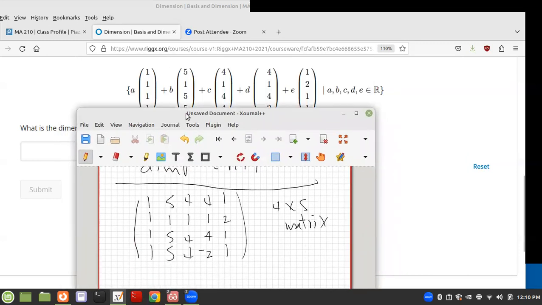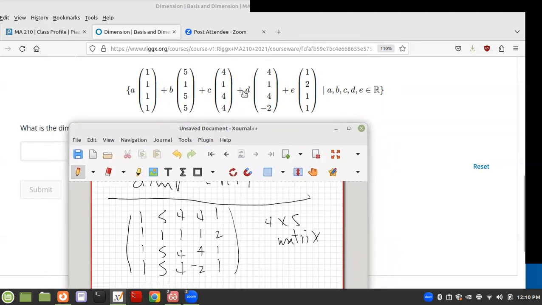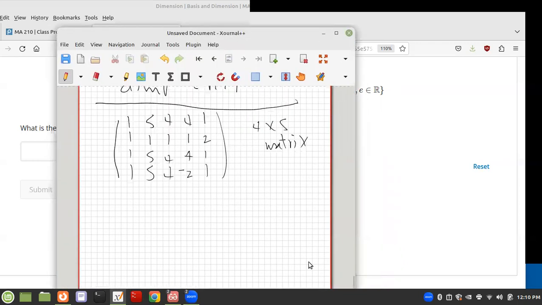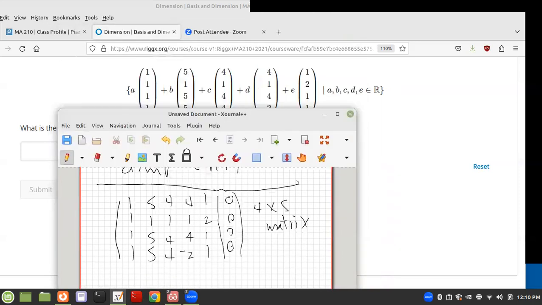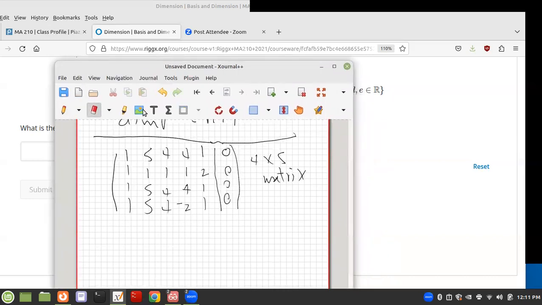So the problem then is, how do I find the dimension? What I would have to do is take the linear combination equals 0 and solve the linear system, setting it equal to 0, 0, 0, 0. But the simplest way to find the dimension is to just do row operations on this matrix and bring it to echelon form.